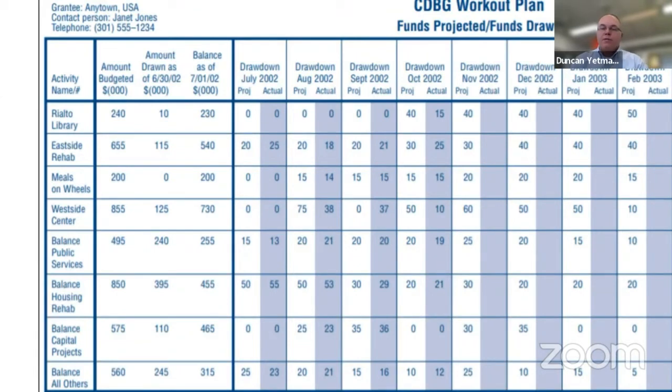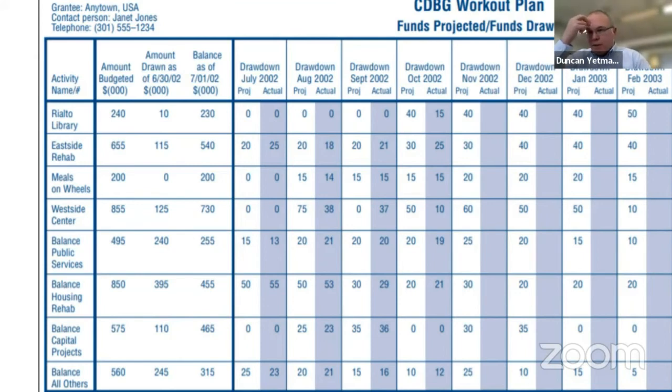List all your public services activities together. Put all of your public facility activities together. Put all of your economic development activities together. Separate out the activities depending upon how your program is structured.